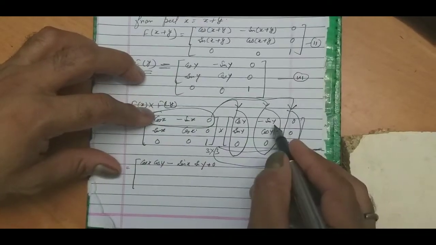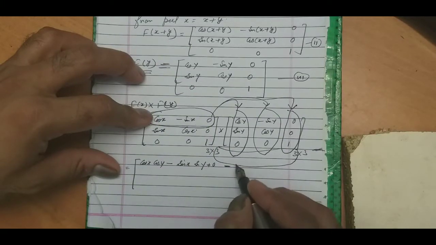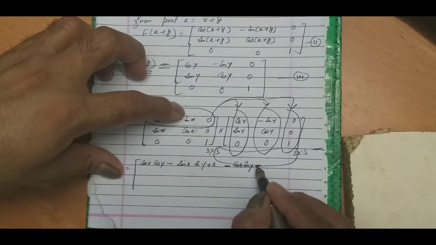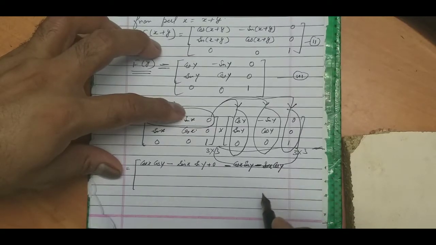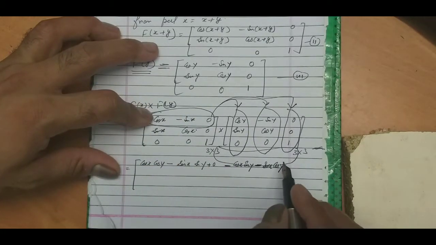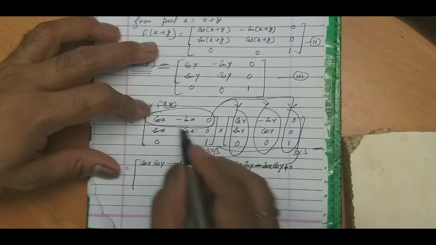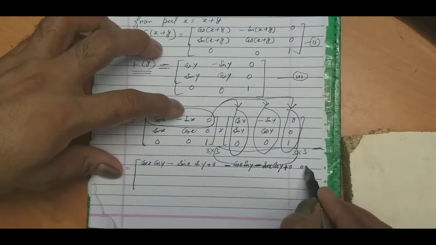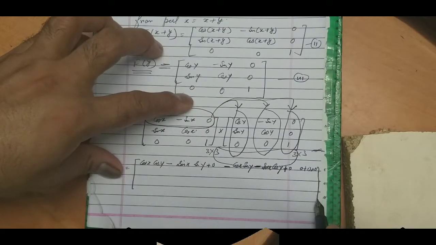Middle term, second column, first row: cos x into minus, so minus cos x sin y, then cos x into sin y, minus into plus, again minus sin x into cos y, and then the last one, 0 into 0 plus 0. Now the third row: cos x into 0, 0, minus sin x into 0 plus 0, and then 0 into 1 plus 0. So there is no issue.